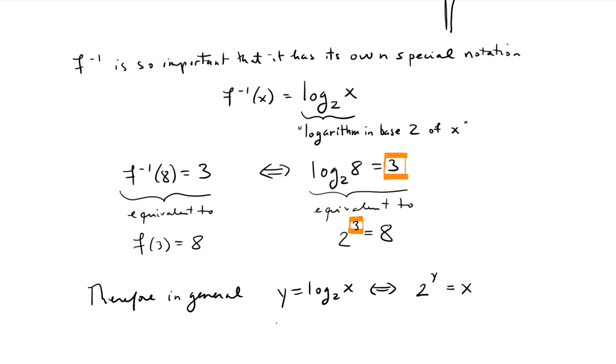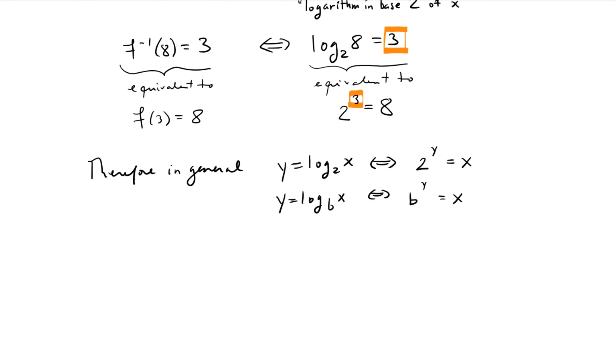If I write in general y is log in base b of x, then y is the exponent to which I raise the base b in order to get x. So we can always translate a logarithmic equation into an exponential equation and vice versa. So you'll have exercises that will ask you to do this.